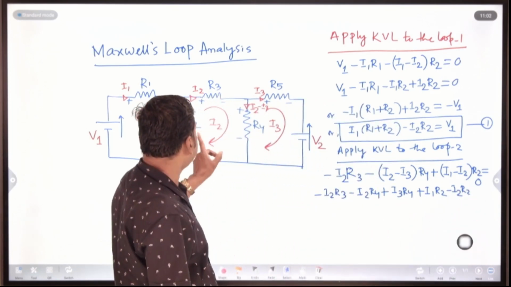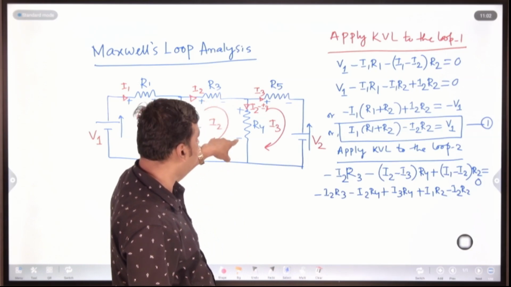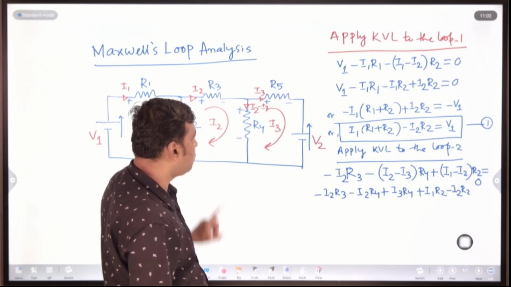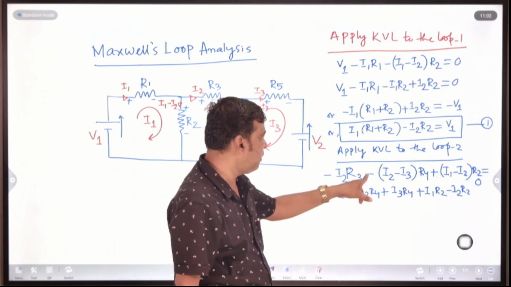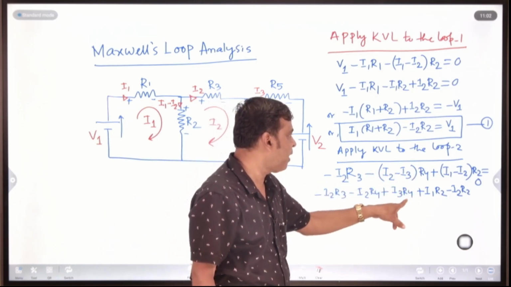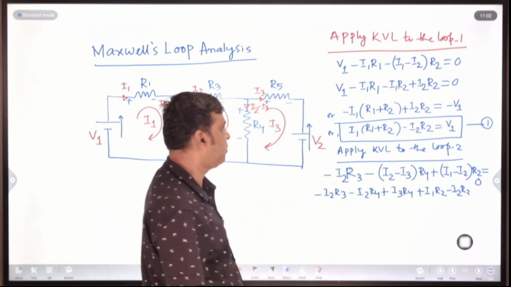There are 3 resistances: first is minus I2 R3, then minus I2 minus I3 whole into R4, again minus plus plus, I1 minus I2 into R2 equal to 0.